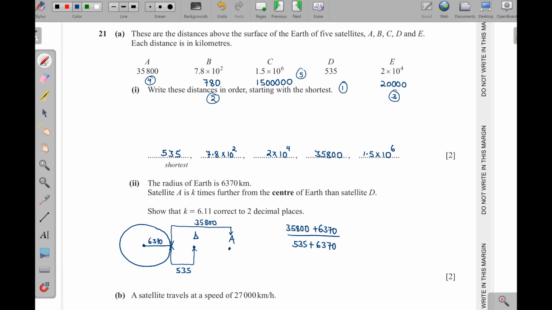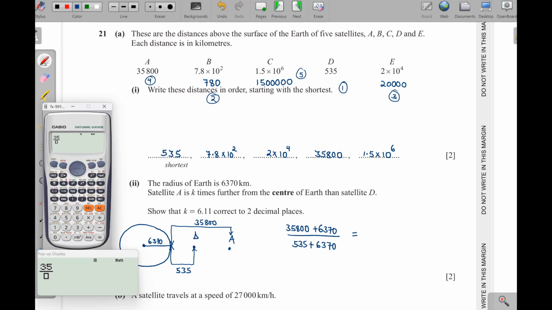So what we get here is our answer. 35800 plus 6370, then we divide by 535 plus 6370. So we get 6.1 whatever.